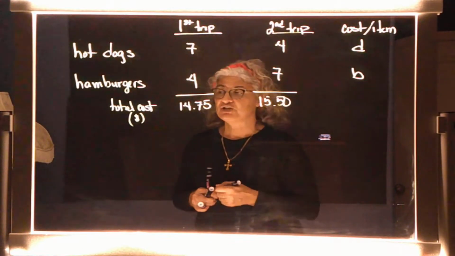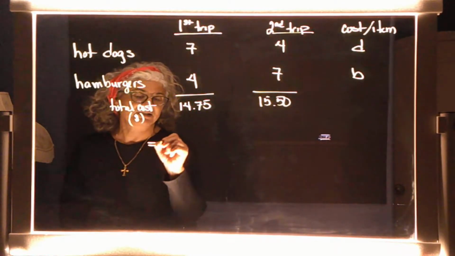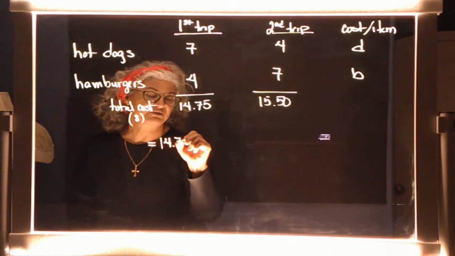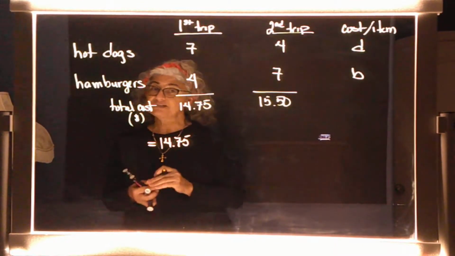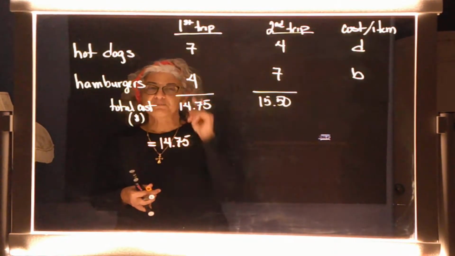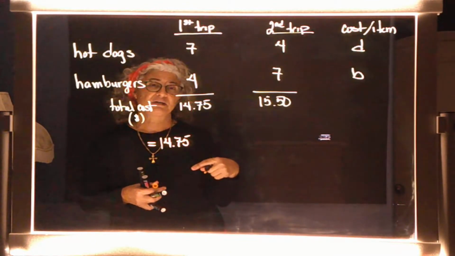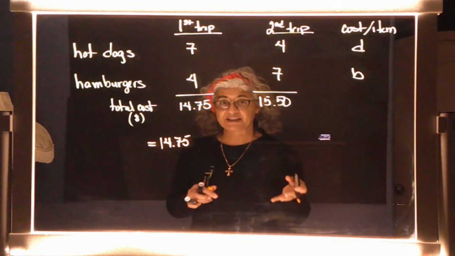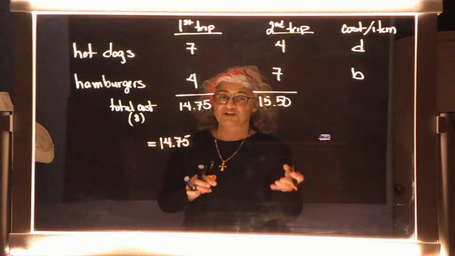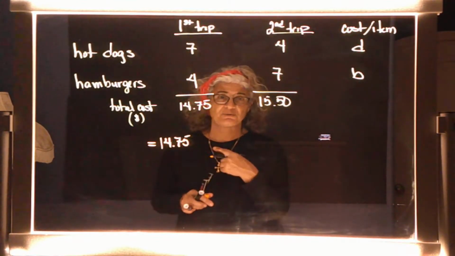With me? So I know one equation is going to have a total cost of $14.75, right? Okay, now remember how you get a cost. We did that in the last problem with the frames. And I even sidetracked you with the grapes and the apples, didn't I? And if you don't remember it, we'll rewind the video and go back and look.